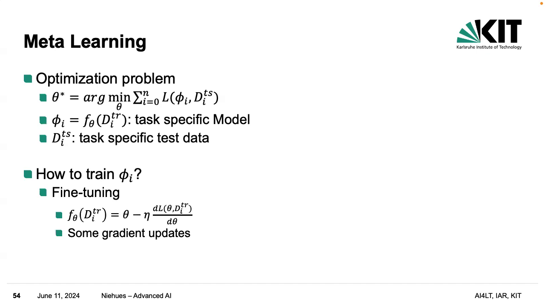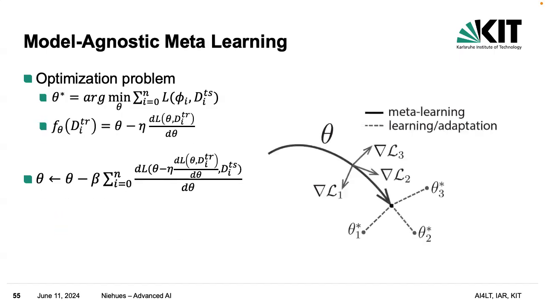So what we get is, we get to our task-specific model by taking our initial model and then doing one or several steps of gradient descent, and that is our final model. And that can be expressed again in a formula, which means that we do our updates of our initial model by looking, if we are going in one direction, how easily can we then get to the task-specific models?